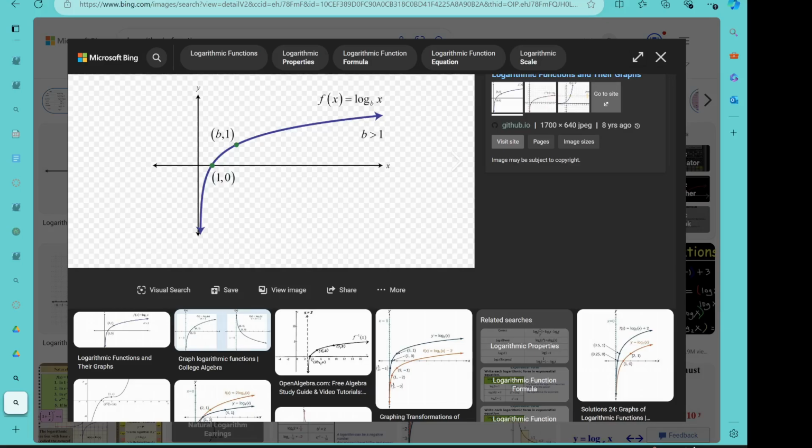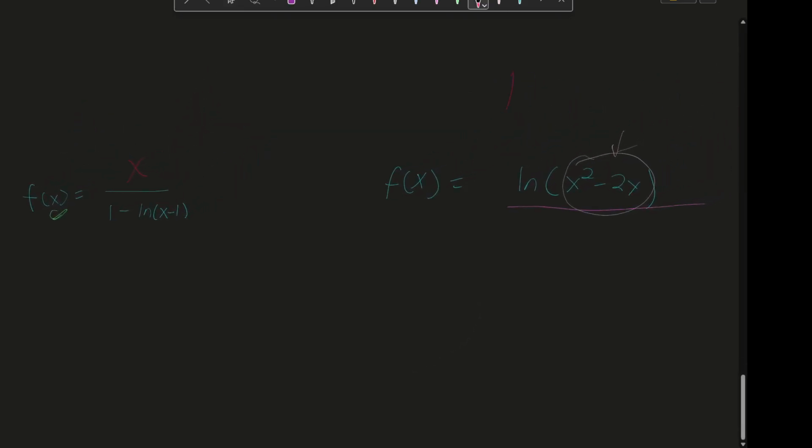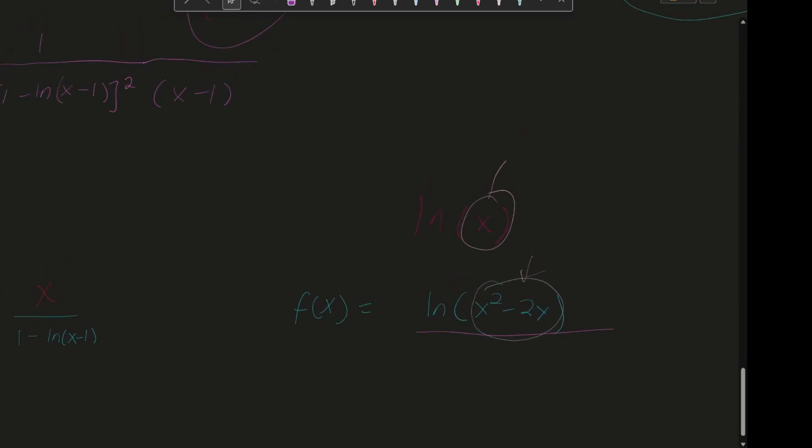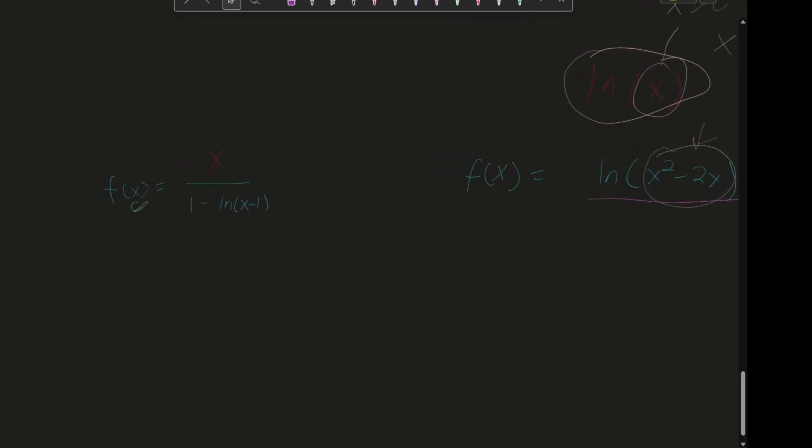What that means is just the argument inside the ln function, whatever's in here, it always needs to be greater than 0 and cannot be negative, because that is not defined for logarithmic functions. It's not in the domain of definition.